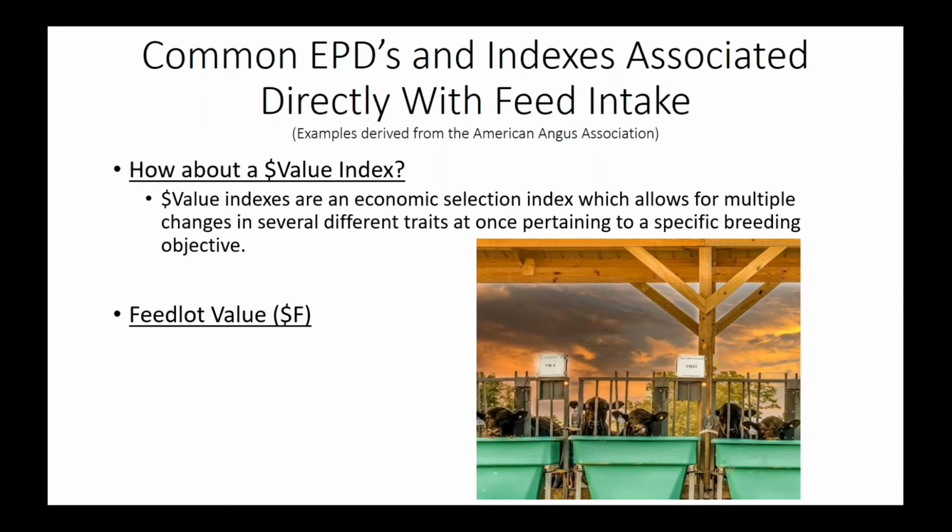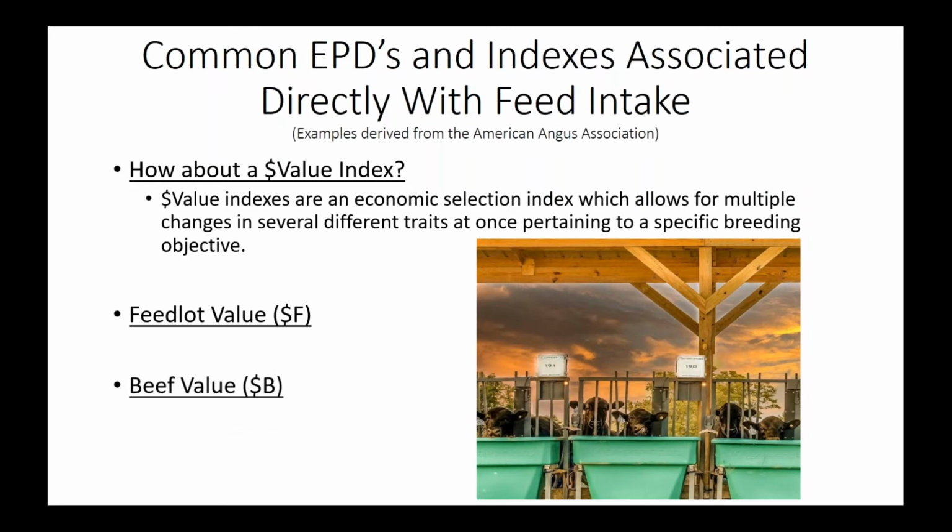This index assumes producers will retain ownership through the feed yard and sell cattle on a carcass weight basis, but does not include consideration of both premiums and discounts associated with either quality or yield grade. Traits included in this calculation include yearling weight, carcass weight, and dry matter intake.